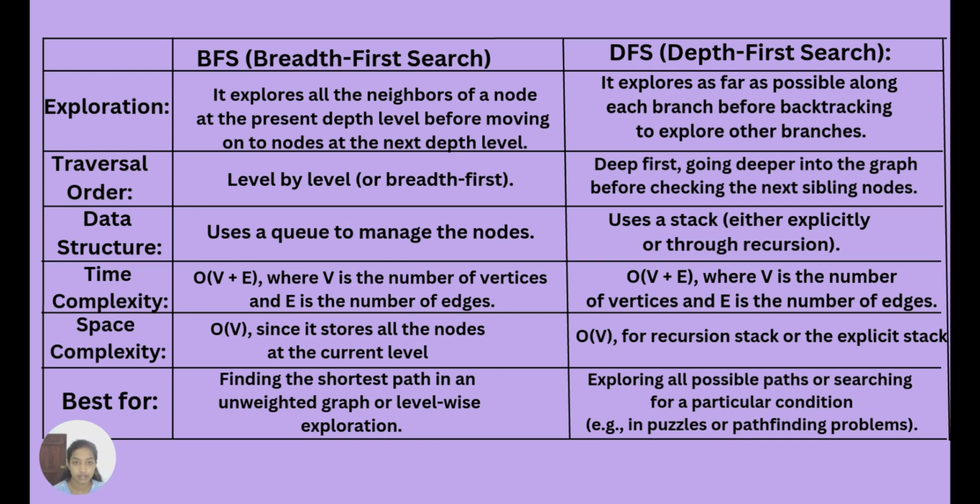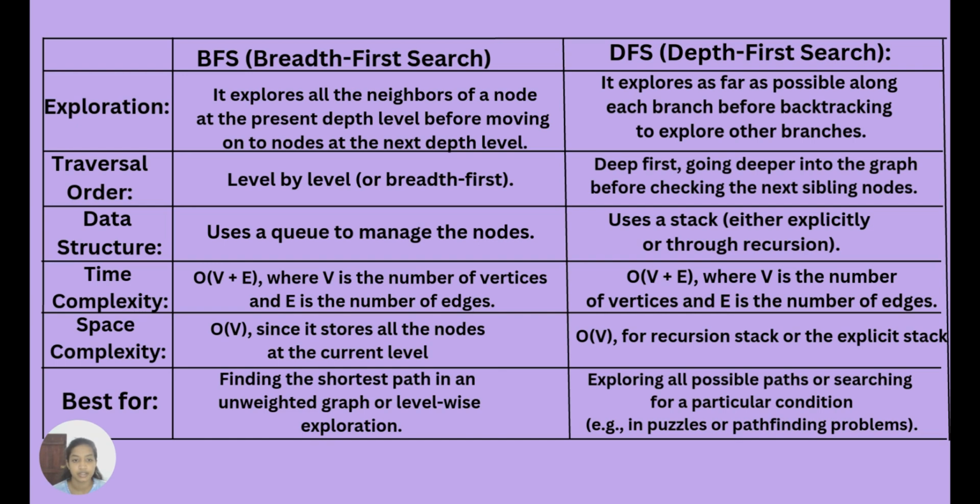Breadth first search time complexity is O(V + E), where V is the number of vertices and E is the number of edges. Depth first search time complexity is O(V + E), where V is the number of vertices and E is the number of edges.